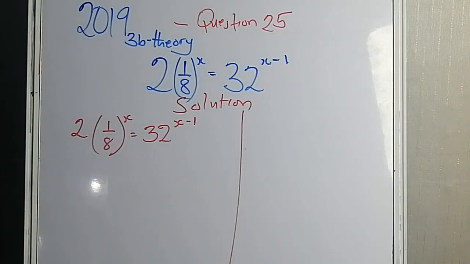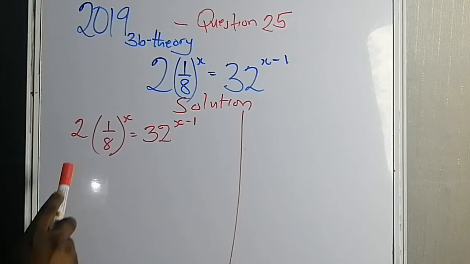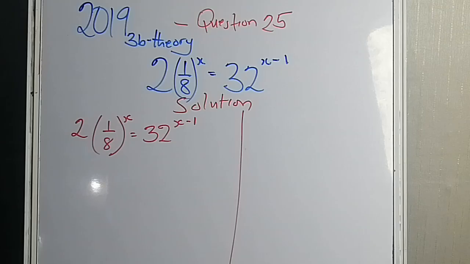You can see that 2 is common in everything. How many times can I multiply 2 to give me 8? 2 times 2, 4. 4 times 2, 8. Then how many times can I multiply 2 to give me 32? 2 times 2, 4. 4 times 2, 8. 8 times 2, 16.